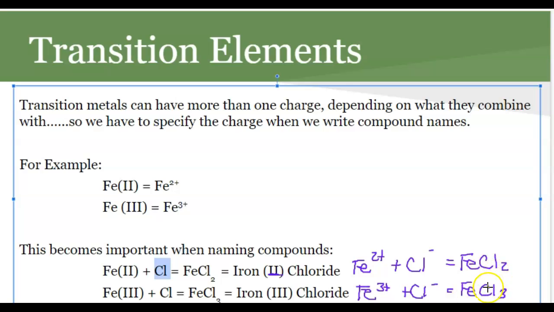I would need an additional chlorine to kind of balance it out. So then that one would be called iron 3 chloride. So the only difference is the Roman numeral, and then that tells you in words which one of the two formulas it happens to be talking about.